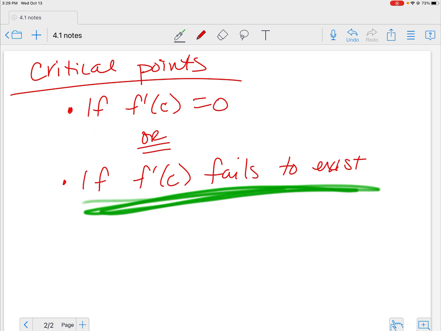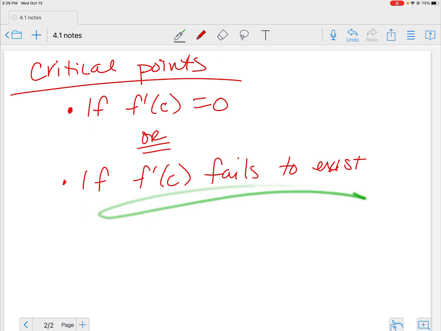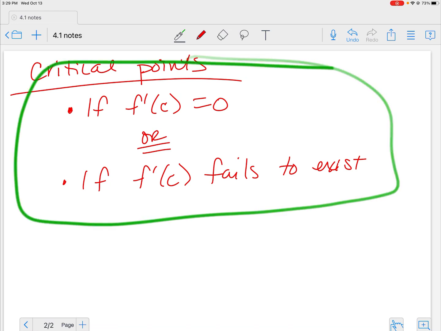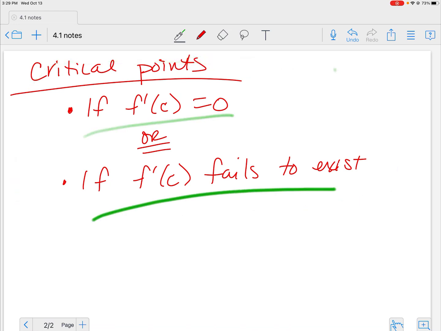If my derivative fails to exist, then remember we talked about that continuity. When does a derivative fail to exist? You have those vertical tangents. You've got a cusp. There my derivative fails to exist. I have an asymptote. There my derivative fails to exist, right? So you can have critical points based on these two, but they mean two separate things.